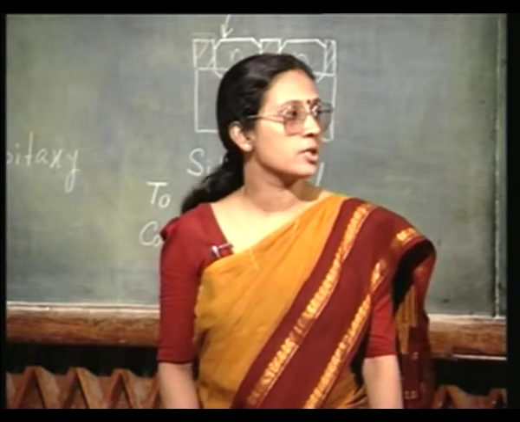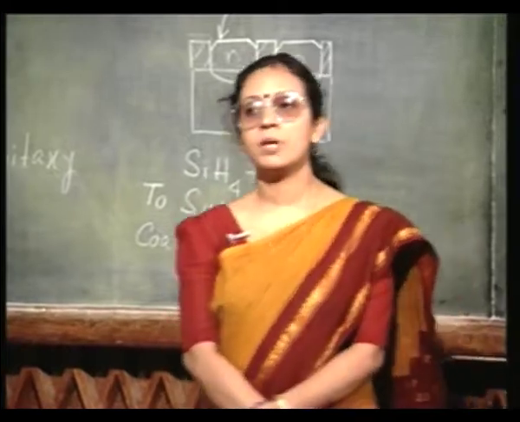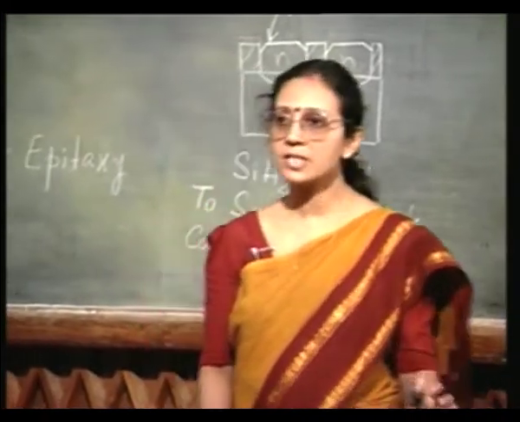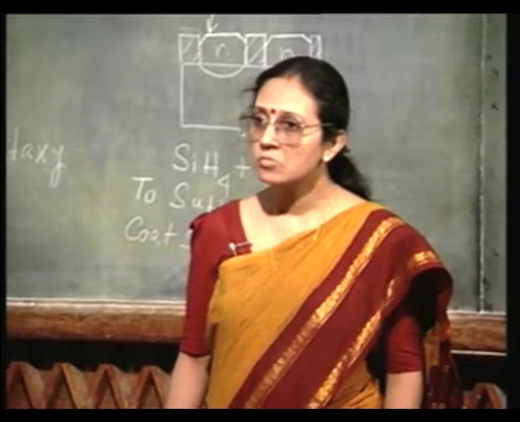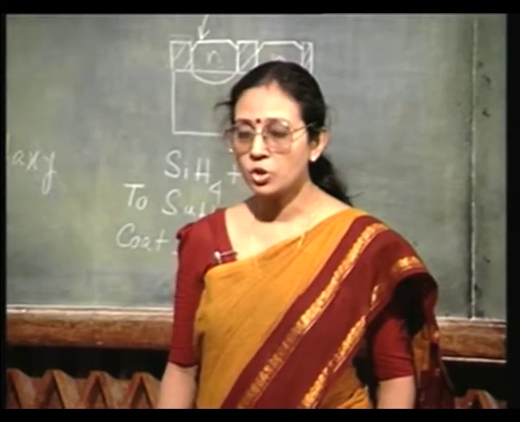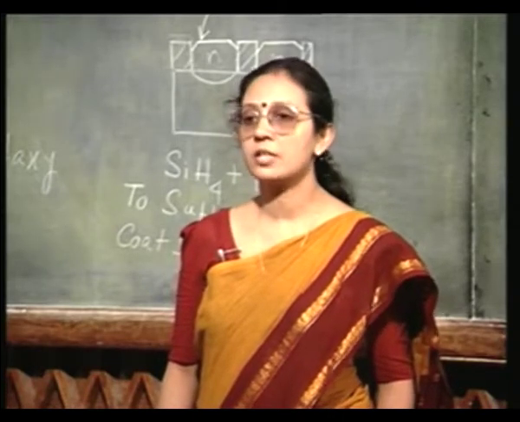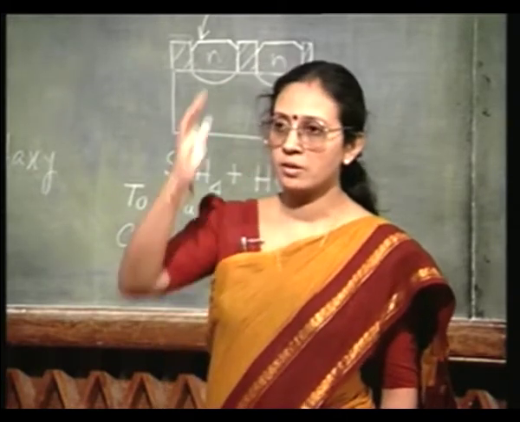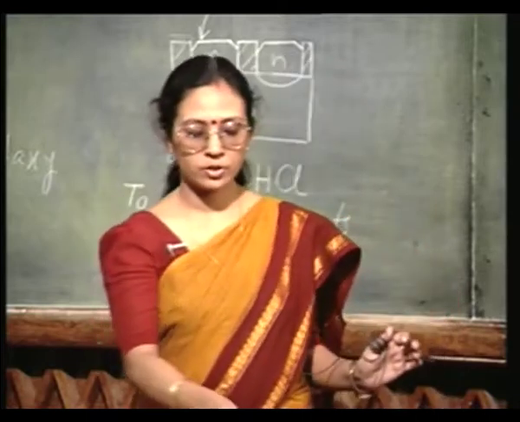So, in trench isolation, actually the dimensions of the trench are very small. The trench width is less than 1 micron. So, it involves a high degree of control to etch vertical submicron trenches.